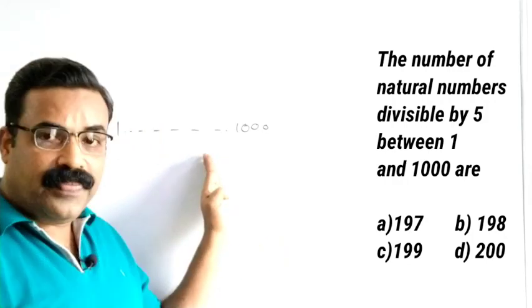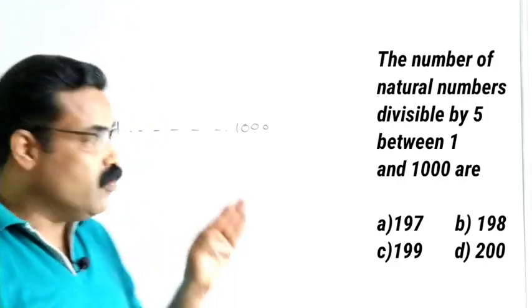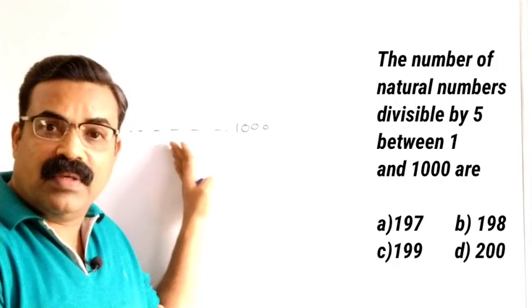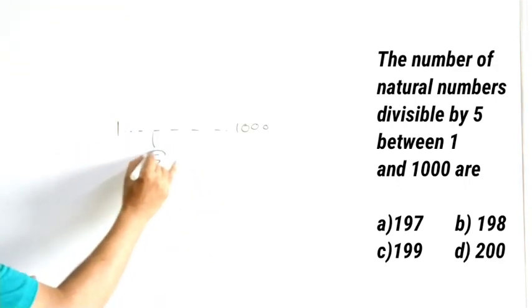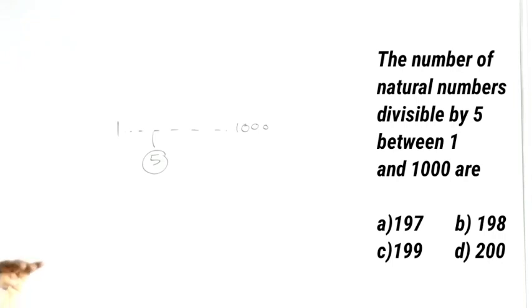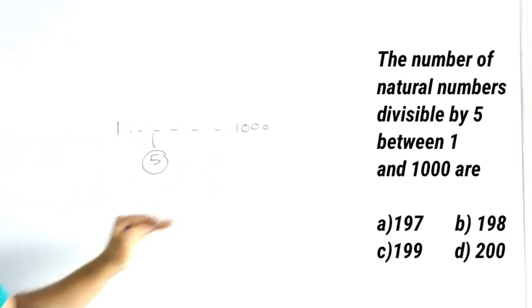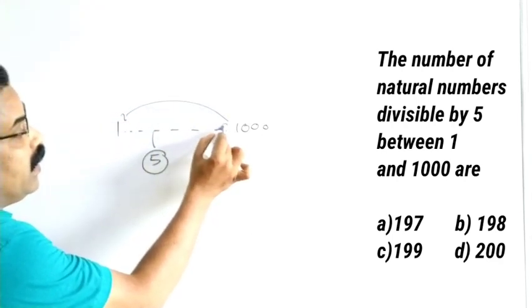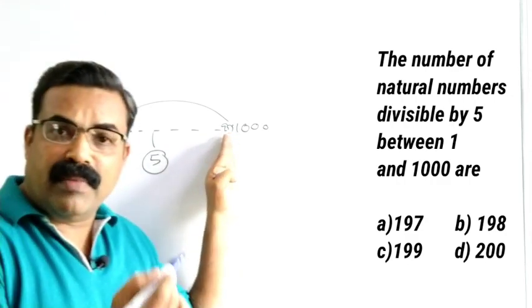Here the first number that is divisible by 5: 1, 2, 3, 4 are all not divisible by 5. So I can say the first number divisible by 5 will be 5. Between 1 and 1000 we can take from 2 to 999. 999 is not divisible by 5.